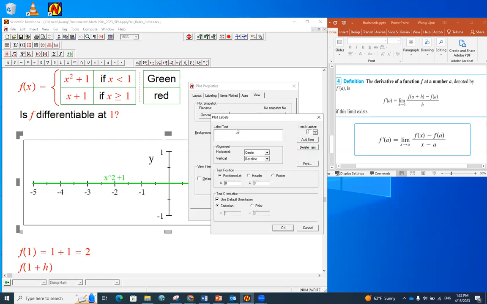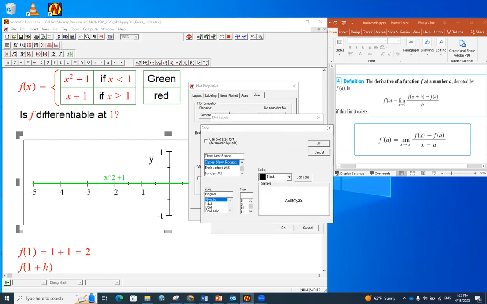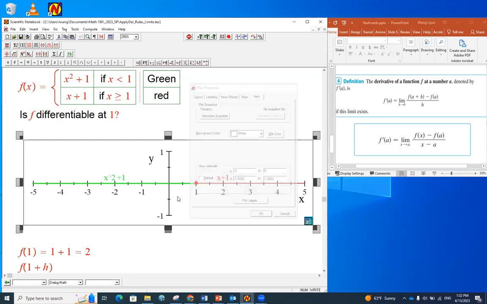On this red piece, we're going to use the other function. If you have color pencils or whatever color you want to use, it will be helpful, and you don't even have to graph the function precisely. If you have any doubt, you just know there are two pieces. If it's less than 1, you use the green.